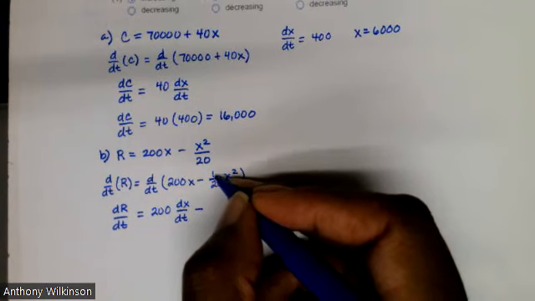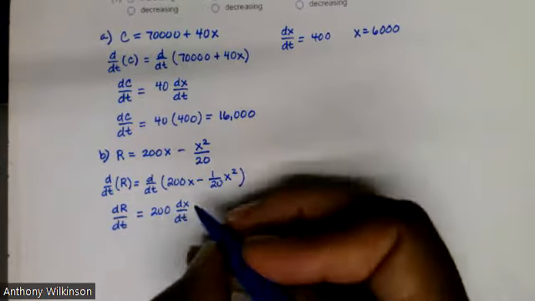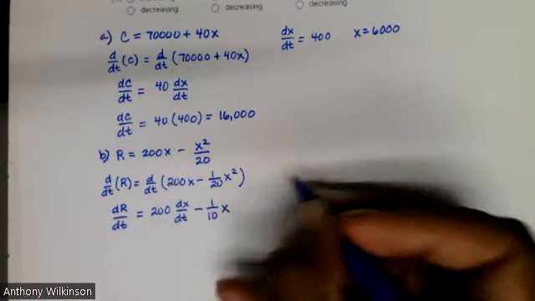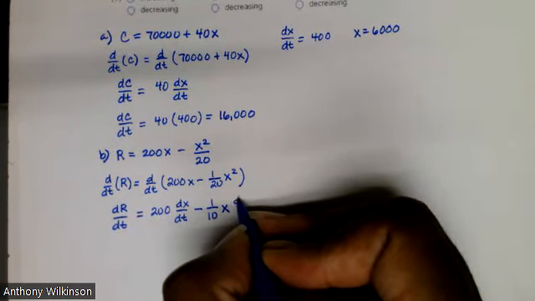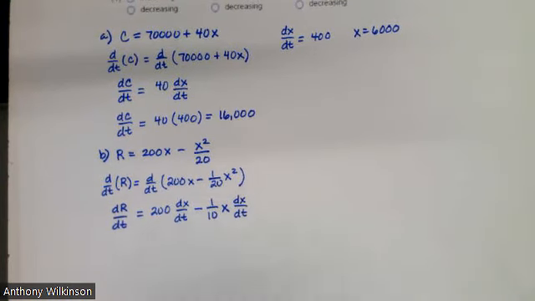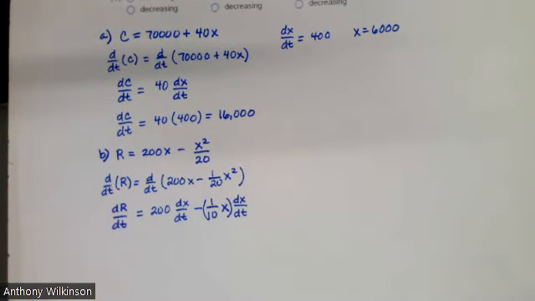If I bring the 2 down, this will be 2 over 20. But you have to understand that 2 over 20 will be 1/10 if I reduce it. Copy the x down to the 1 less power, and that's going to be dx dt as well. Let me put 1/10 x in parentheses.